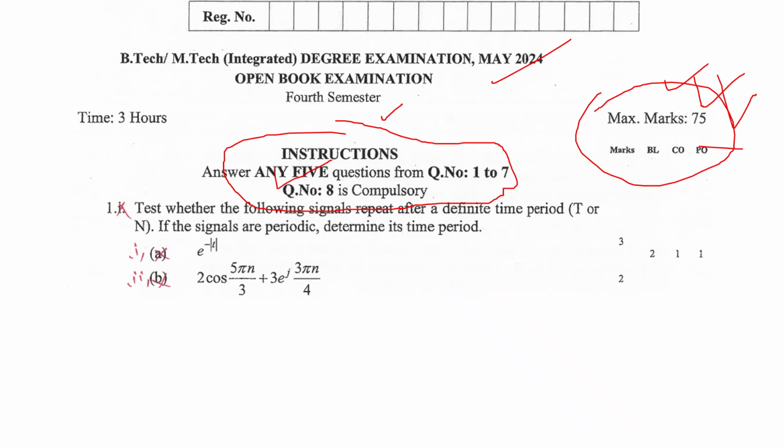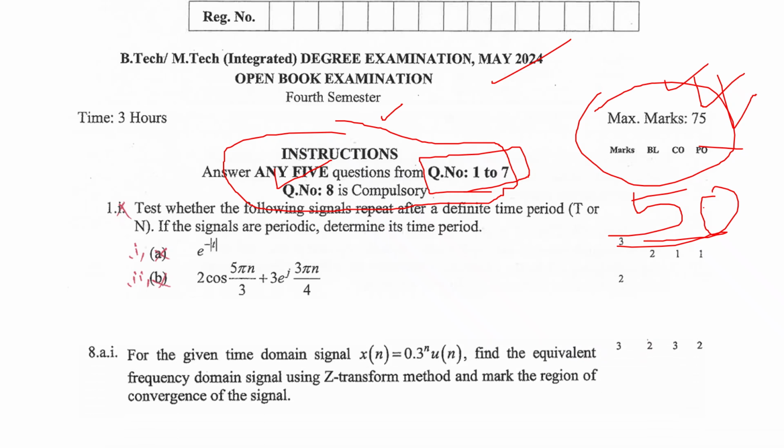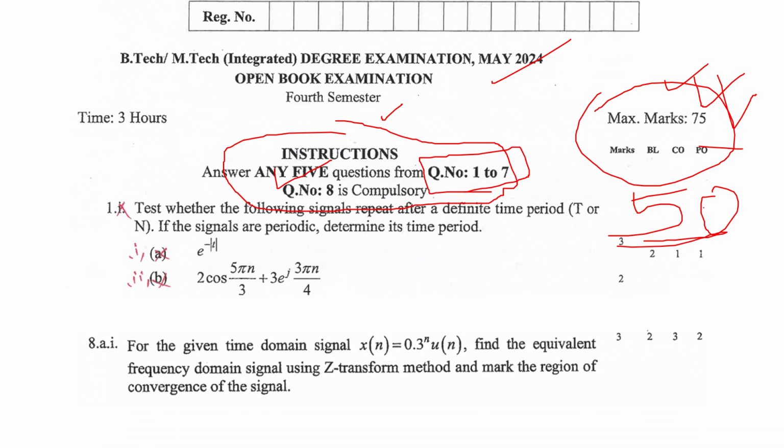Part A will contain questions 1 to 7, and out of that you have to solve 5 questions, and each question will carry 10 marks. So you can score 10 into 5, that is 50 marks, from part A. And part B will be of 25 marks, where you will have two options, either 8A or 8B.